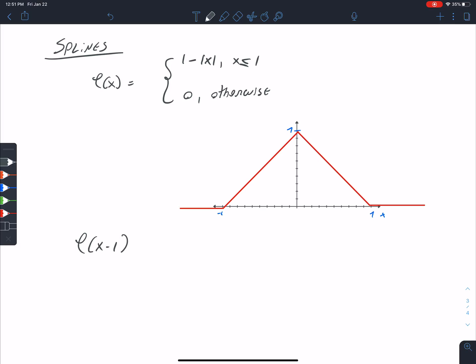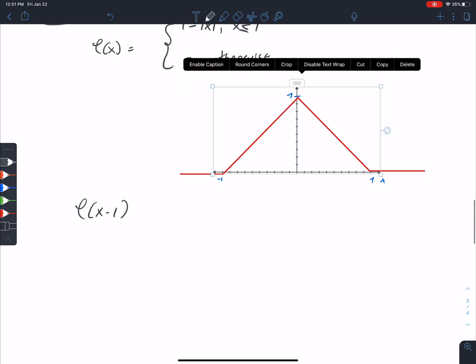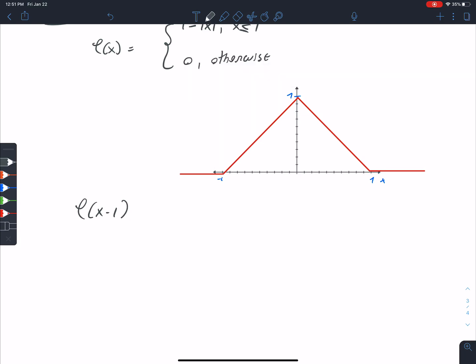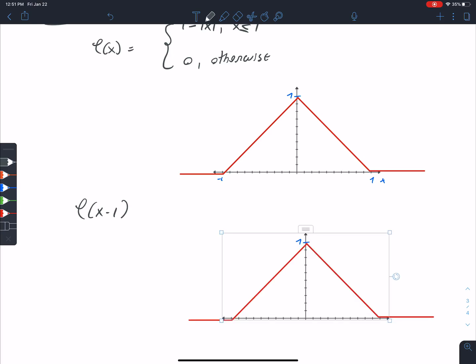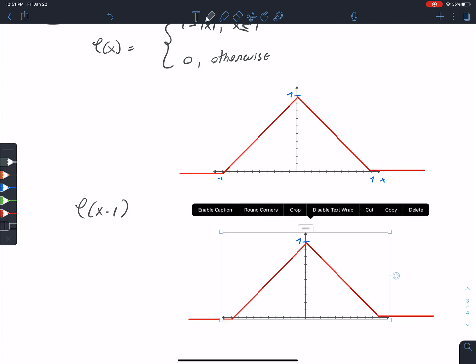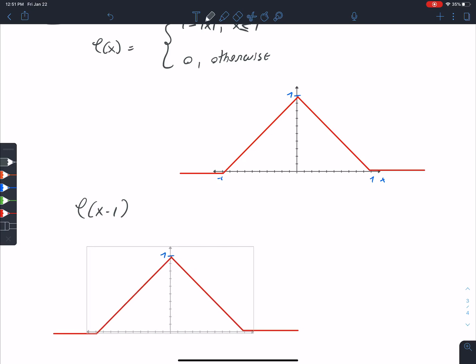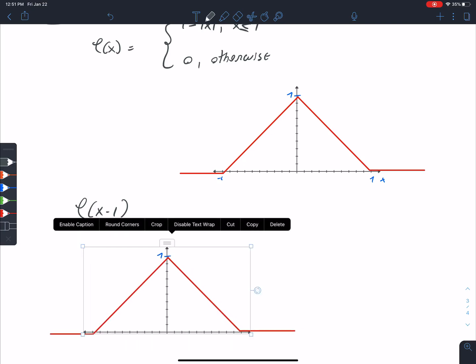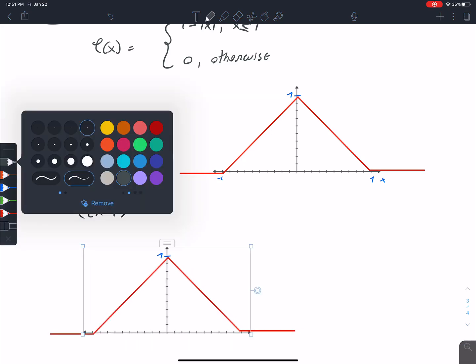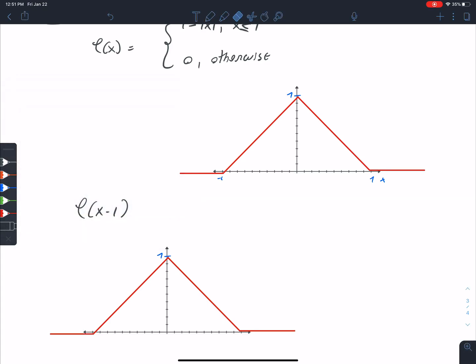So let's plot it. Let's copy, paste. We're going to have to extend our axis beyond this, because we have a bigger axis.